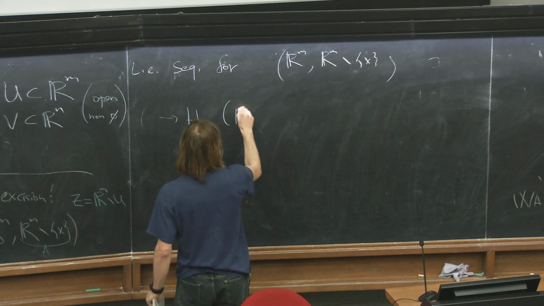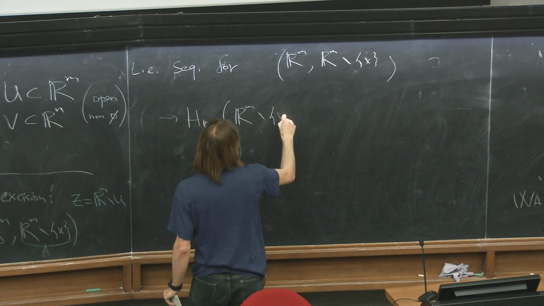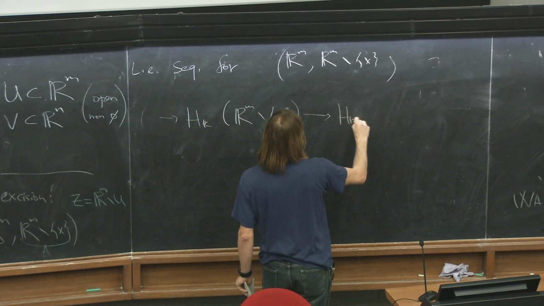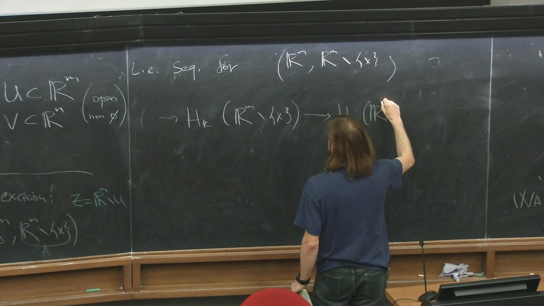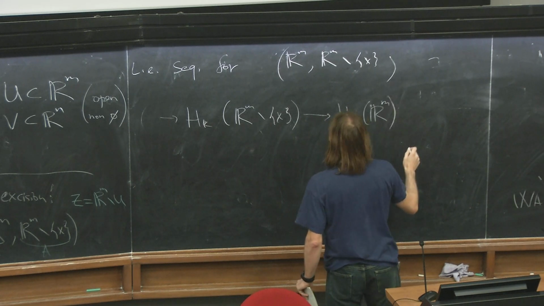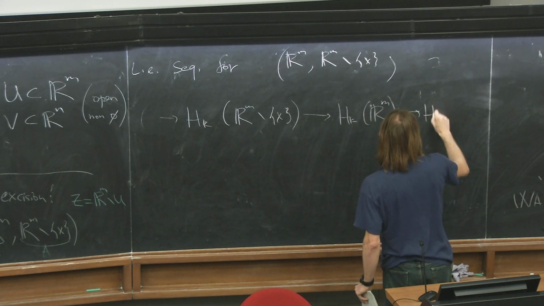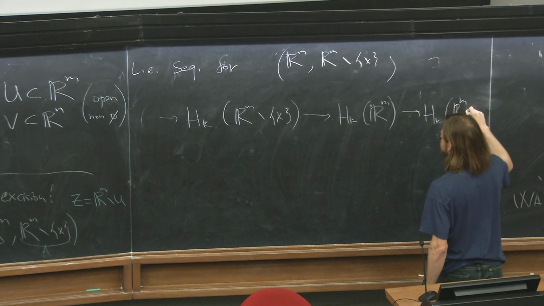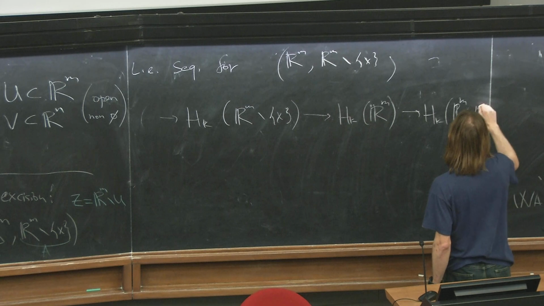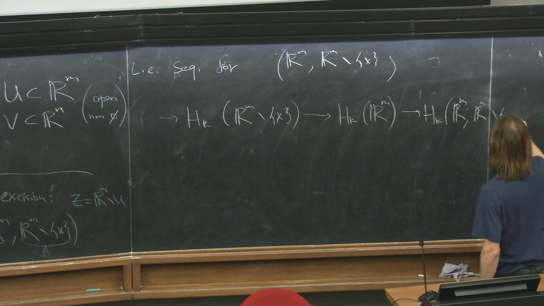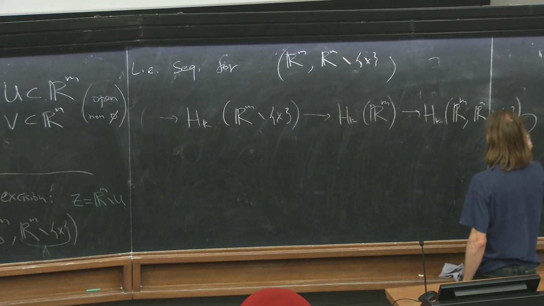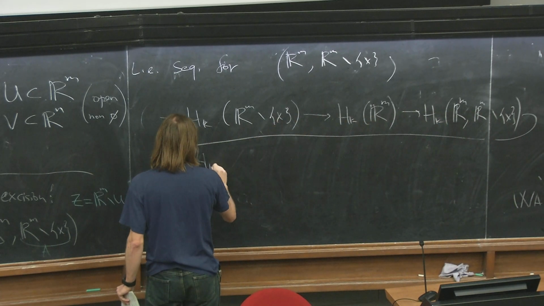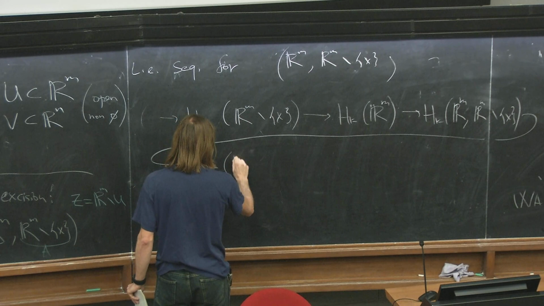We have Hk of Rm minus the point, then we go to Hk of Rm, then we go to the relative group, and then you start repeating, but you reduce the degree by 1.